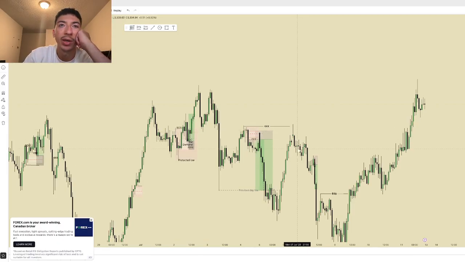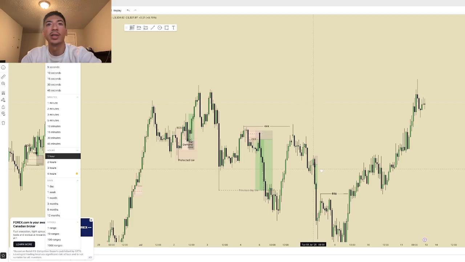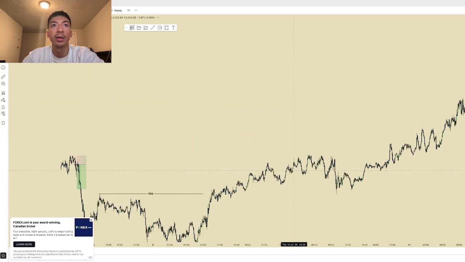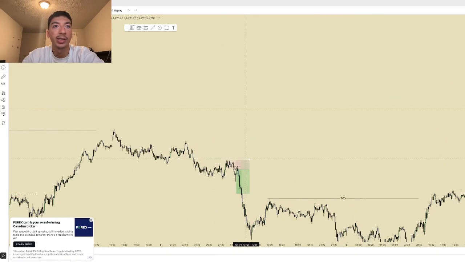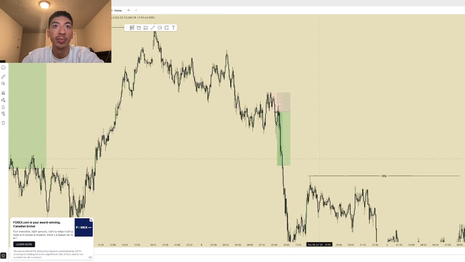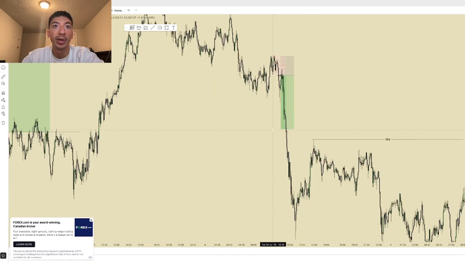But once I saw we started making bearish momentum, this was pretty late in the evening, so I just left it and went to bed, and then I woke up in the morning and I caught a pretty nice internal sell model, which would have been the biggest sell-off of that move.